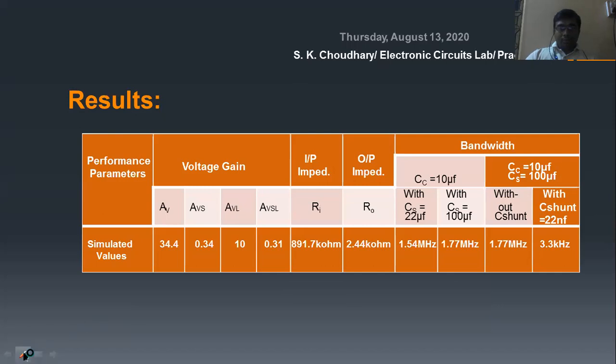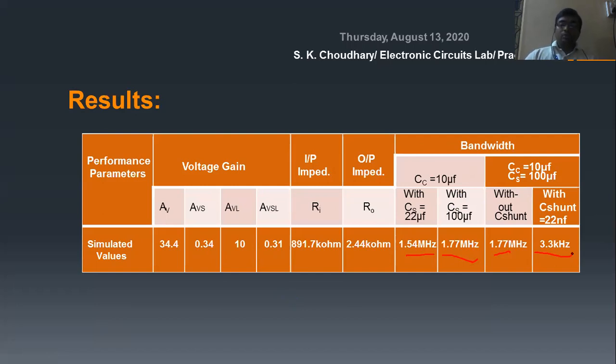Now we will see the effect on the result table also. So that many parameters we have already discussed. Now in the frequency response, for coupling capacitor 10 microfarad and bypass, the bandwidth is 1.54 megahertz, and with CS 100 microfarad, your bandwidth changes only very slightly. But when you compare without shunt capacitance and with shunt capacitance, there is a drastic change, because the bandwidth mostly depends upon the upper cutoff frequency, not so much on the lower cutoff frequency.